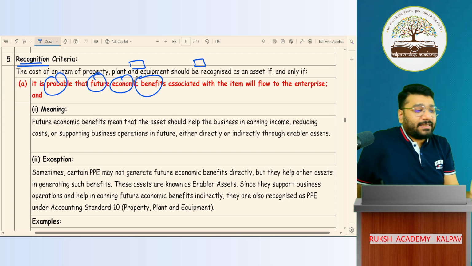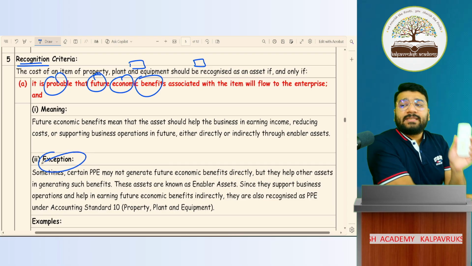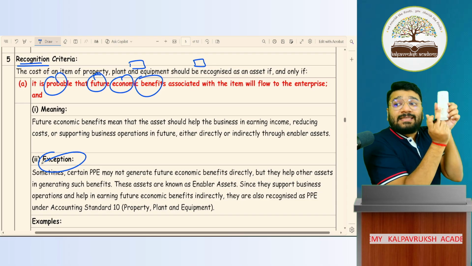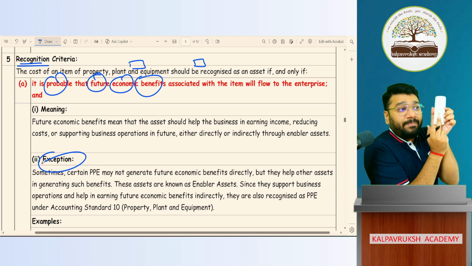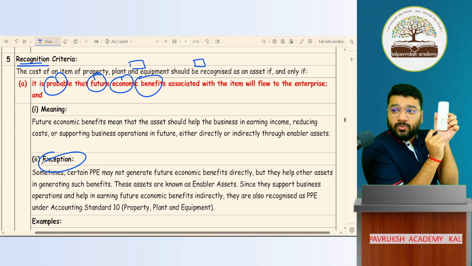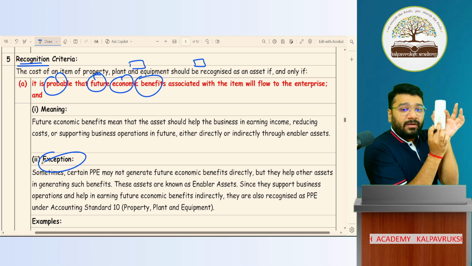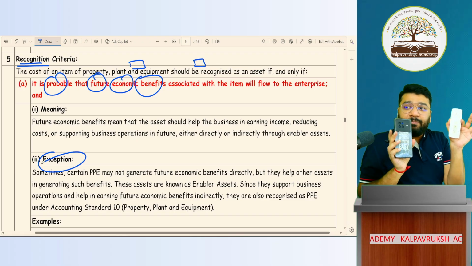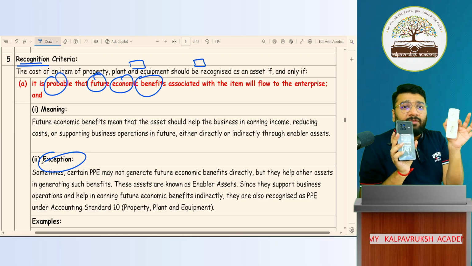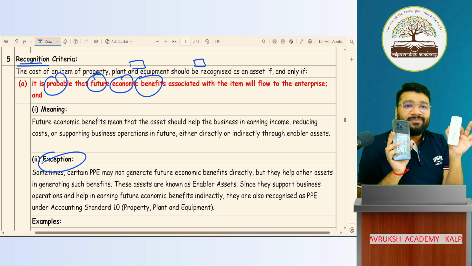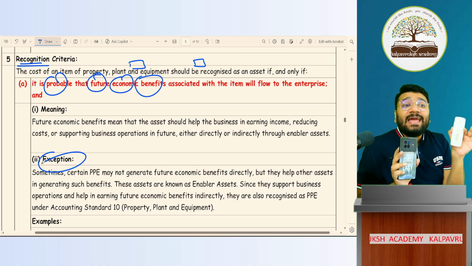However, there is an exception. There are some assets which may not give the direct economic benefit, but will assist this PPE to get the economic benefit. In other words, this is a direct PPE giving me direct economic benefit. This other PPE will not directly give me economic benefit, but will support this PPE to get the economic benefit. These are called enabler assets.